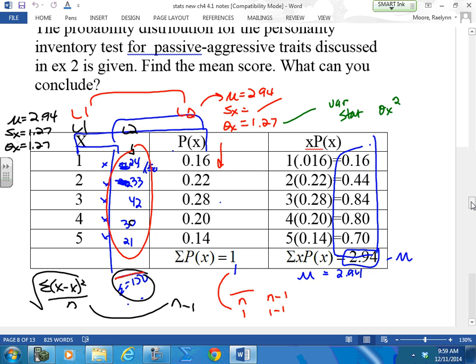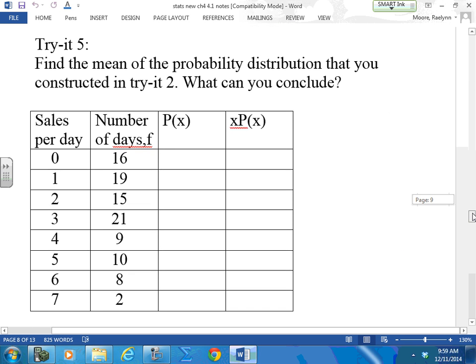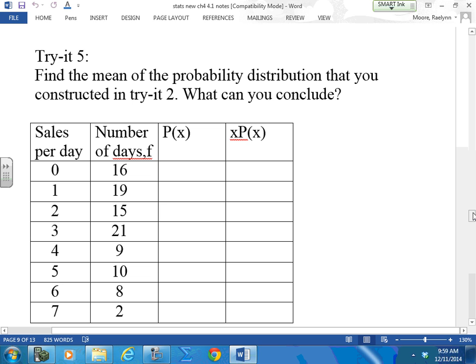All right. So now, example 5, try it 5. This one added up to 100, so we made our decimals very nice.